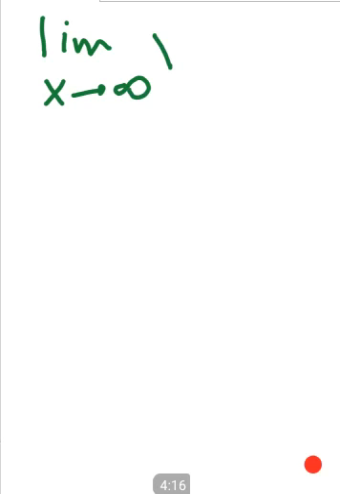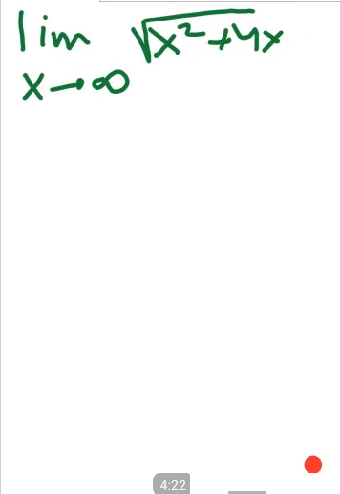Now the question is the limit as x approaches infinity of root x square plus 4x plus 1 minus x.